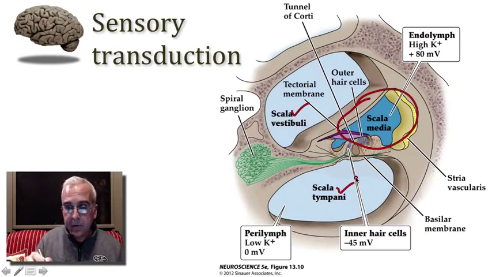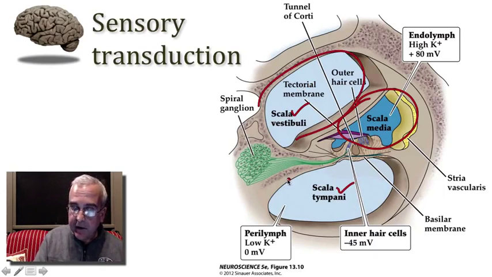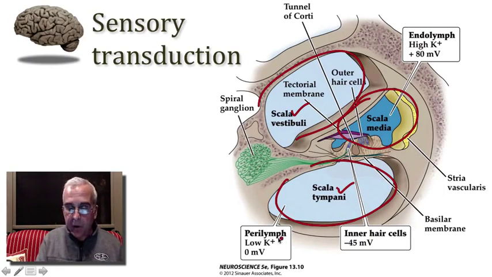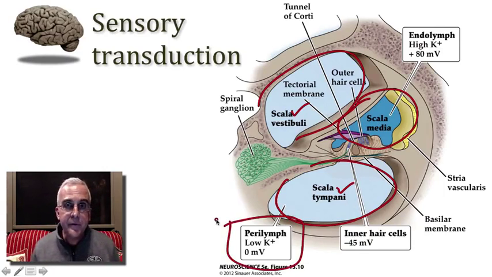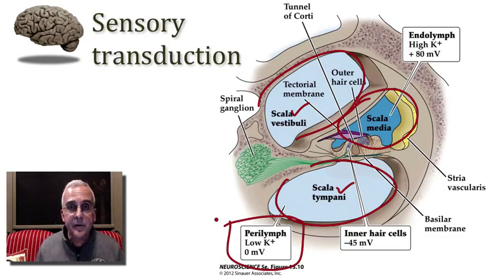In those two larger channels, the solution that we have there is called perilymph. And perilymph is very similar to the solution that bathes most of the cells of our body. It has a relatively low concentration of potassium, and as you now know quite well, within nerve cells, potassium is concentrated to quite high levels.